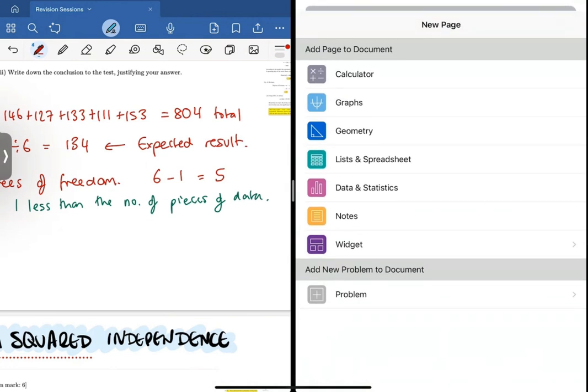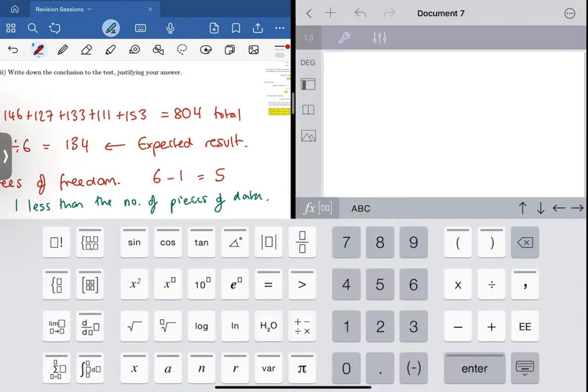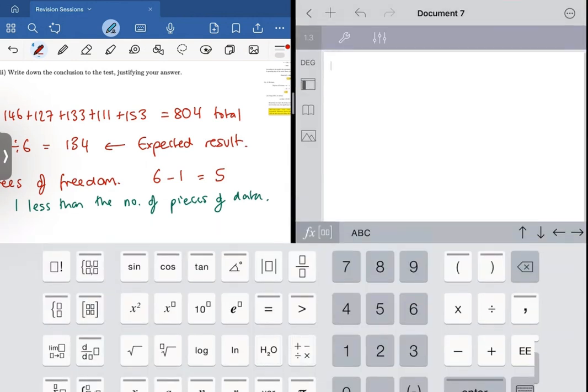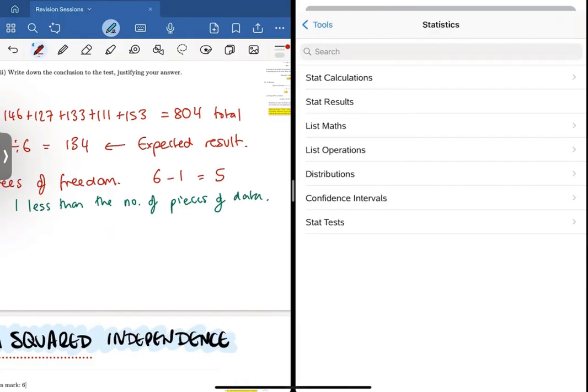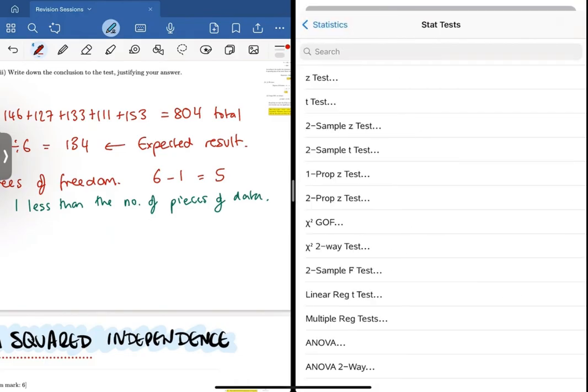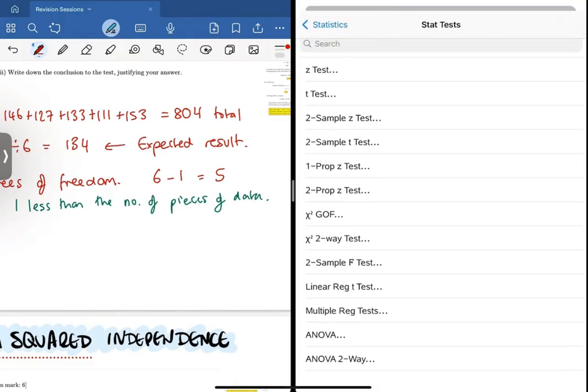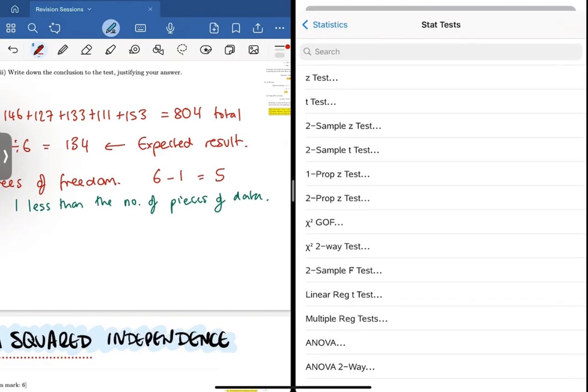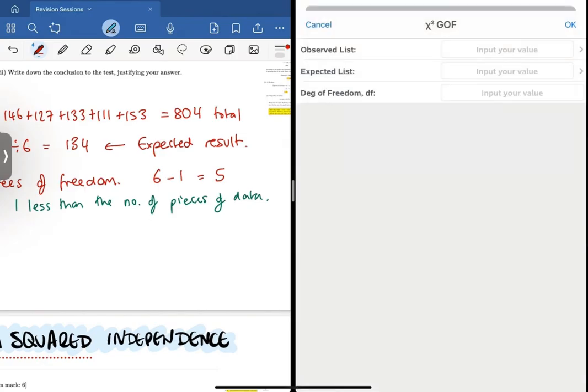Okay, so we need to add a calculator in now. We're ready for our test. We're going to go to statistics, stats tests, and we're looking for chi-squared goodness of fit.